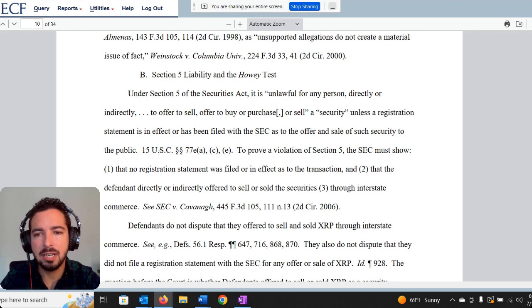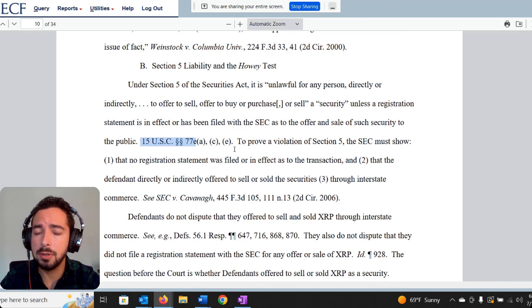So Title 15, U.S. Code, sections 77e, subsection a, c, and e. So if you wanted to look up this statute, you probably could just Google this part here, 15 U.S.C. section 77e. Not the subsections. You can type in the subsections, but this is all you really need. So you could follow along with us if you wanted to.